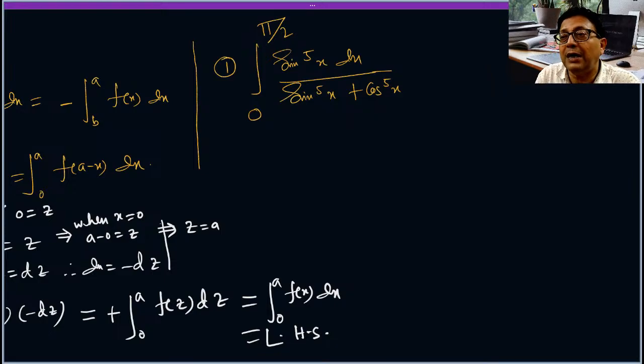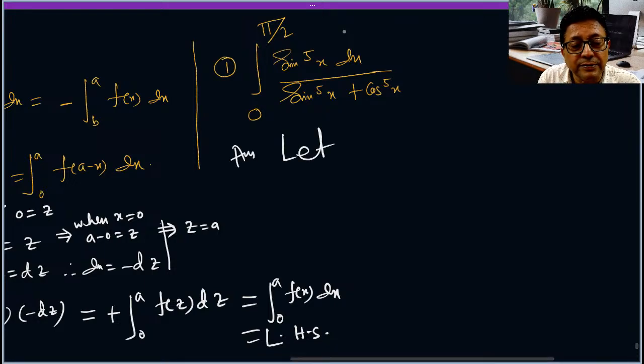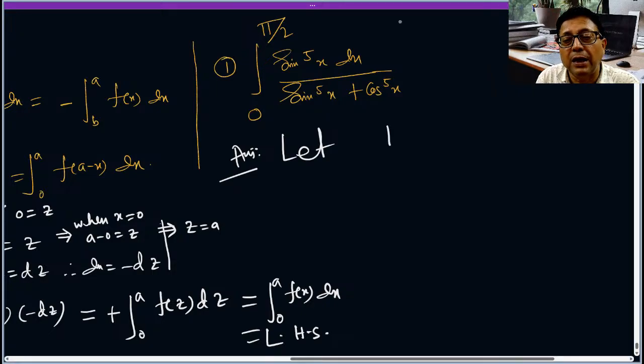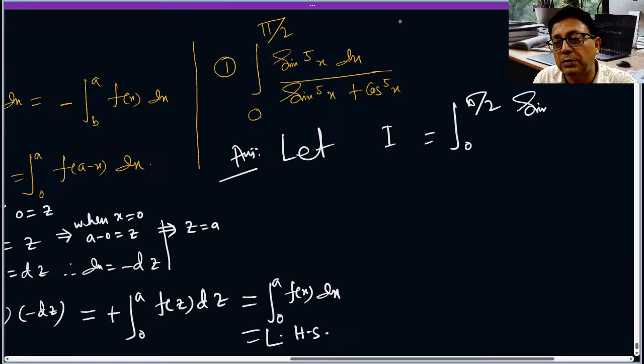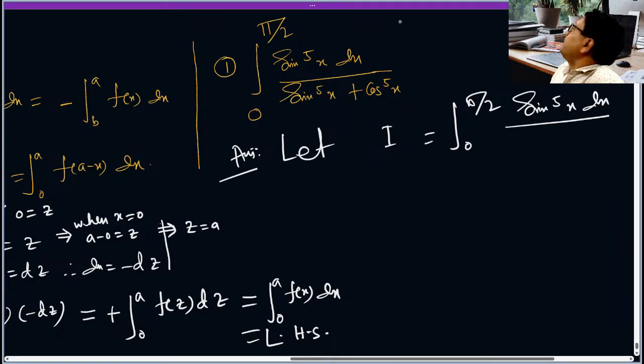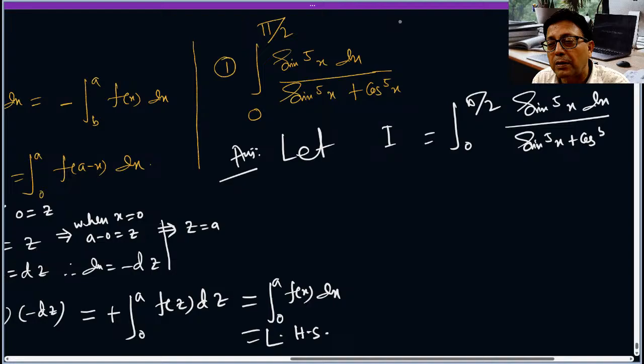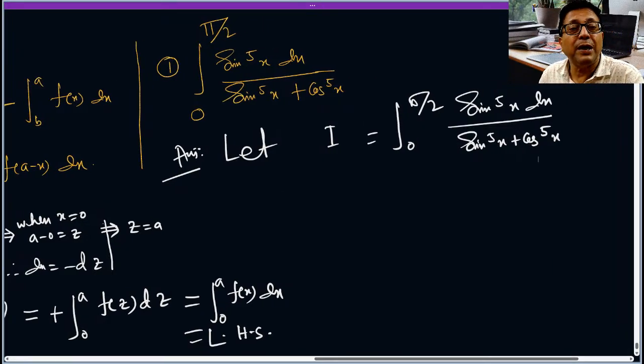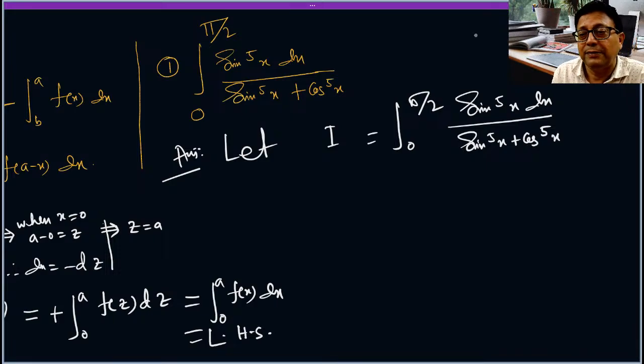So you start this manner. When you are answering, you let I equal to ∫₀^(π/2) sin⁵x dx by sin⁵x plus cos⁵x. Whenever a sum is there in this form, where you are able to apply the third property, you take the integrand as I, A, whatever you like.